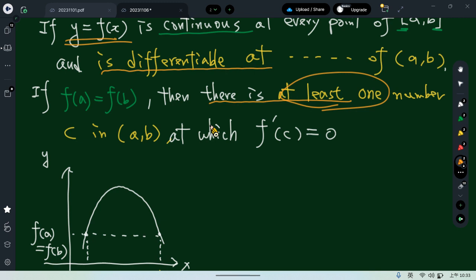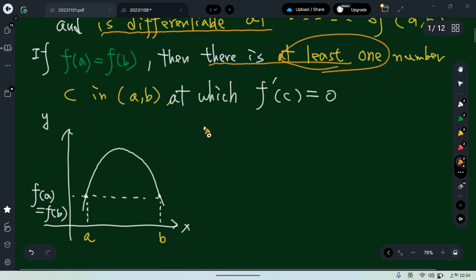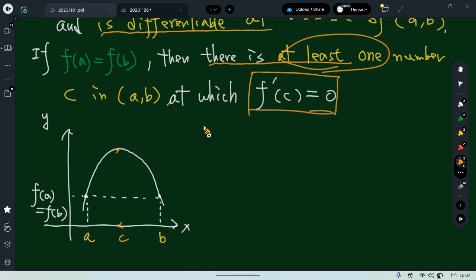In this case, C will be here. Its first derivative is 0. Did you remember the derivative means the slope? So there is a point in between A and B, and its slope is 0. So I can find at least 1, right?